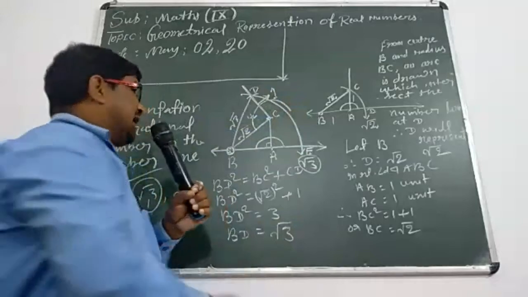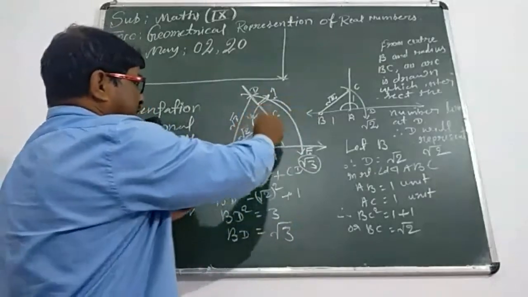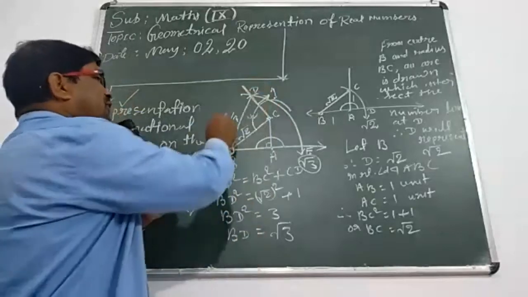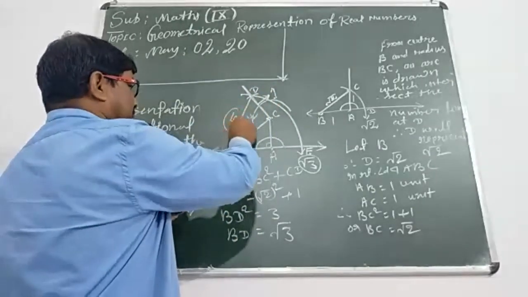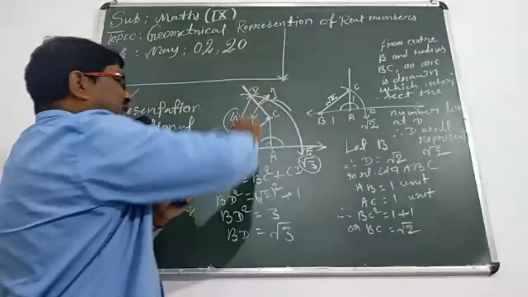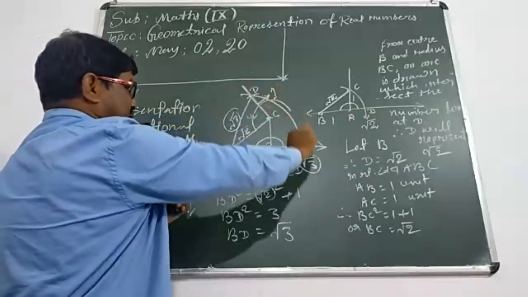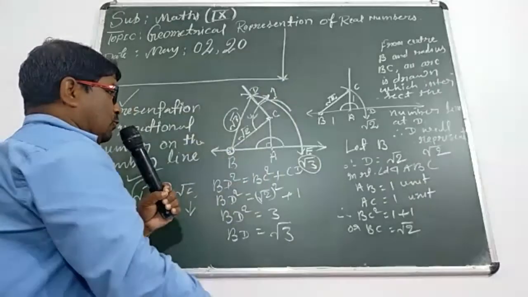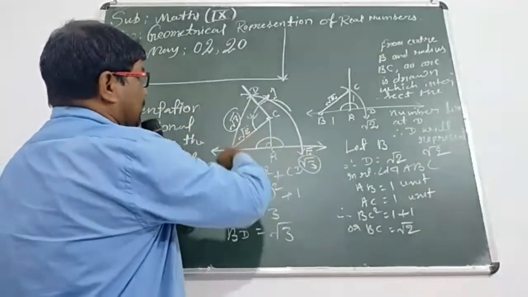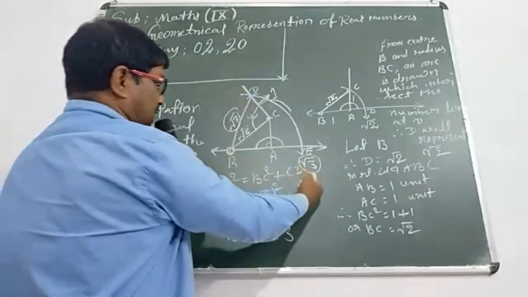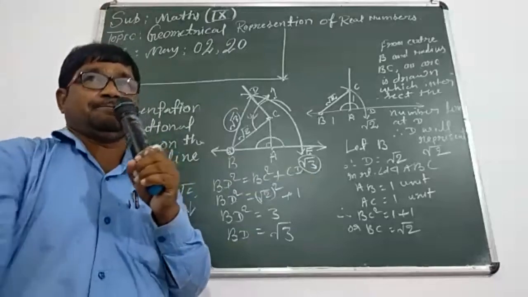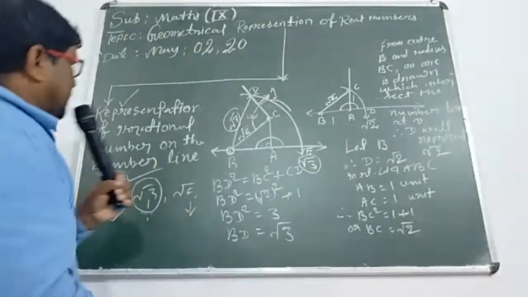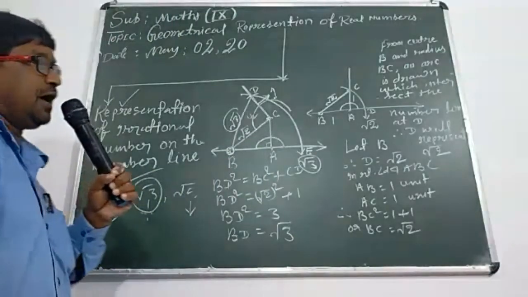Then we will go into Pythagoras in this right angle triangle BCD and find the length of BD. Then after drawing the circular arc, we will give the geometrical proof: BE equal to BD equal to under root 3. Okay. Now students, we should think about under root 5.